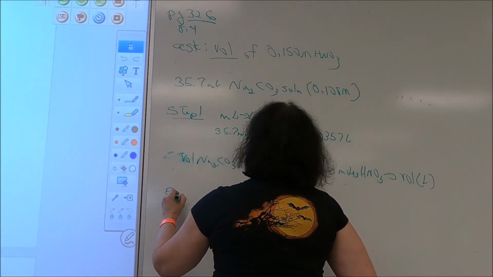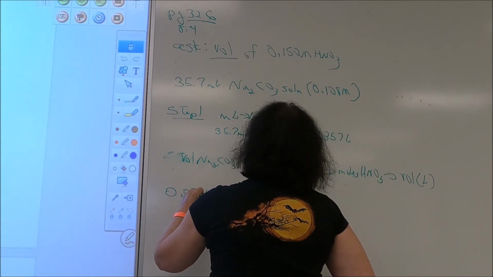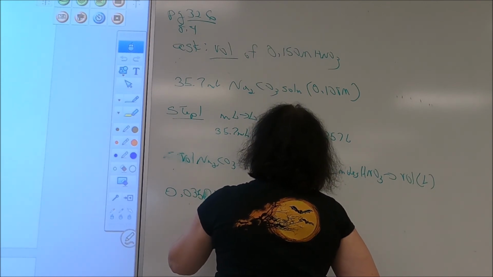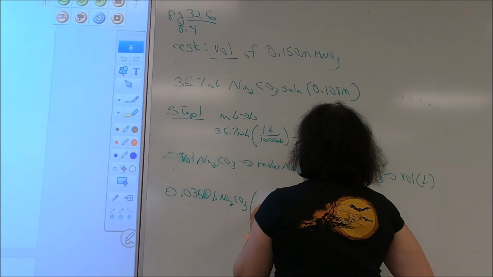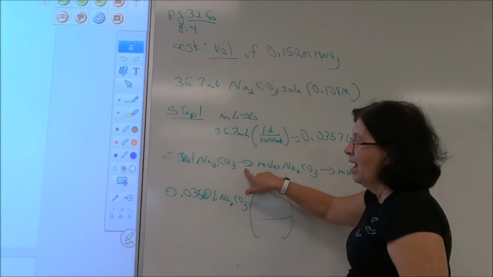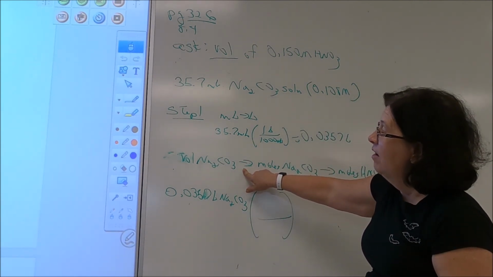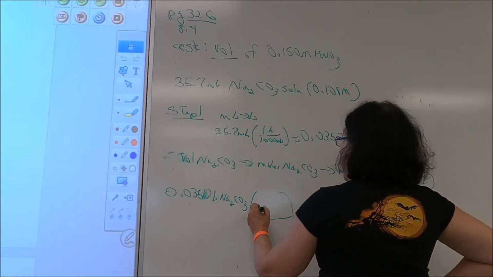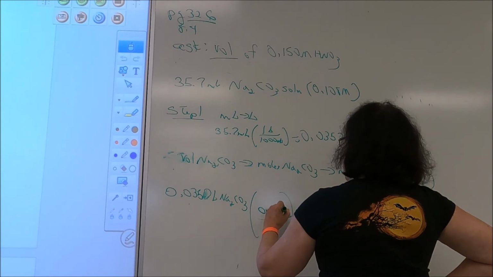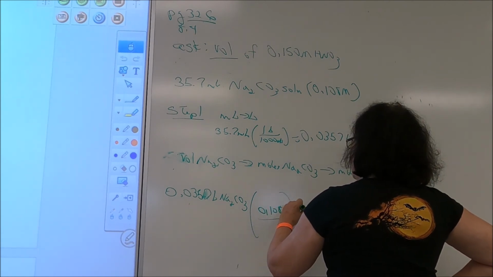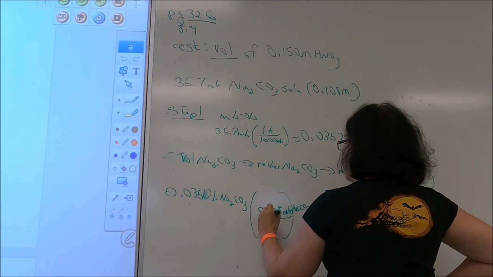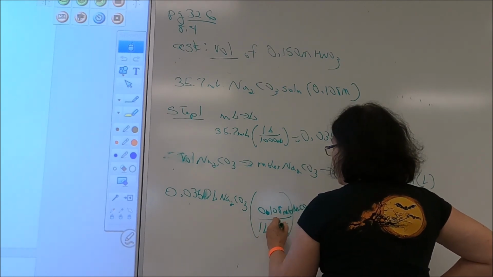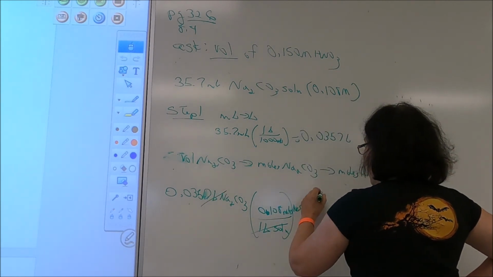So I'm going to start with the 0.0357 liters of sodium carbonate. This first step uses the molarity of my sodium carbonate solution: I have 0.108 moles of sodium carbonate for every 1 liter of solution, so liters and liters divide out.